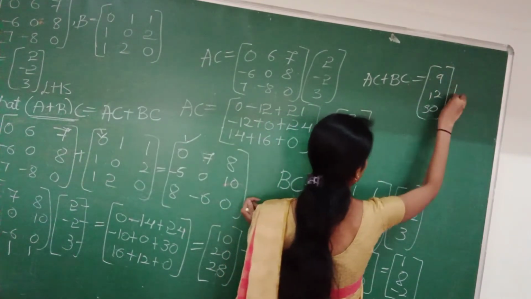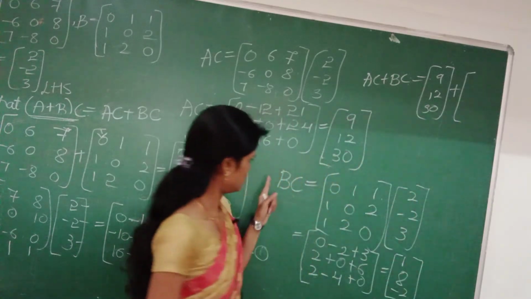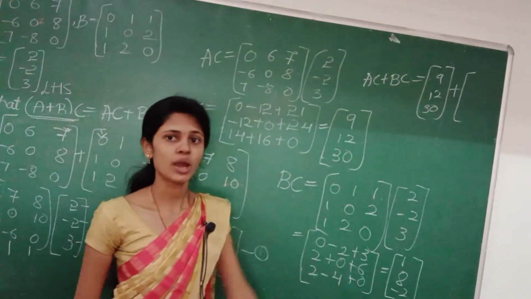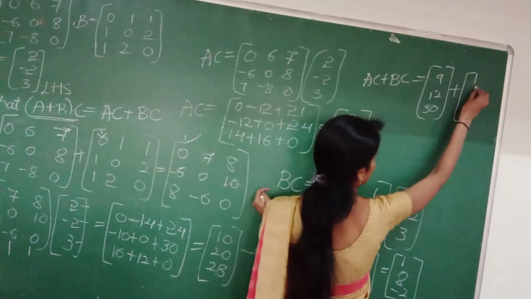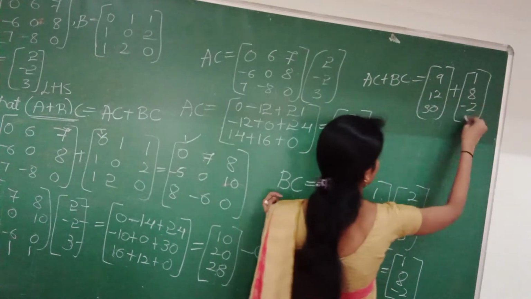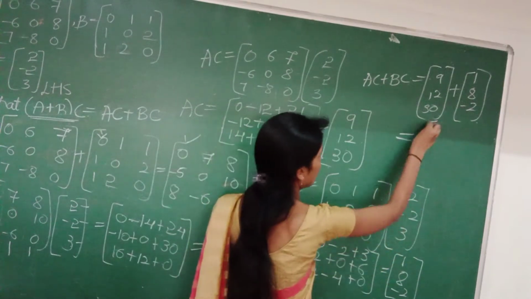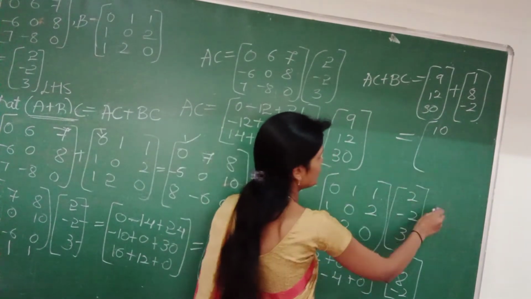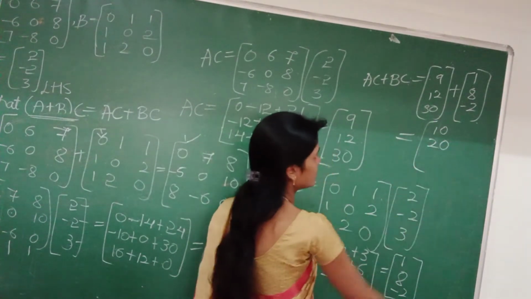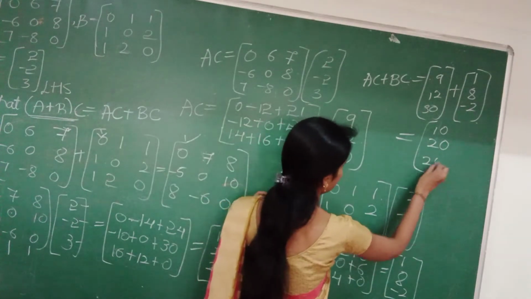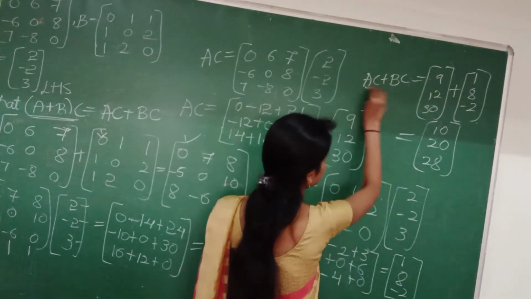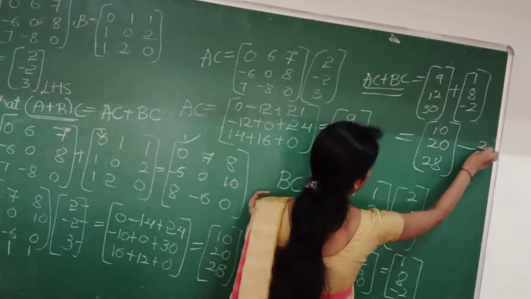And what is BC? BC is 1, 8, minus 2. So if we add these two matrices, what we get? 9 plus 1 is 10, 12 plus 8 is 20, 30 minus 2 is 28. This is the second result. Call it equation 2.